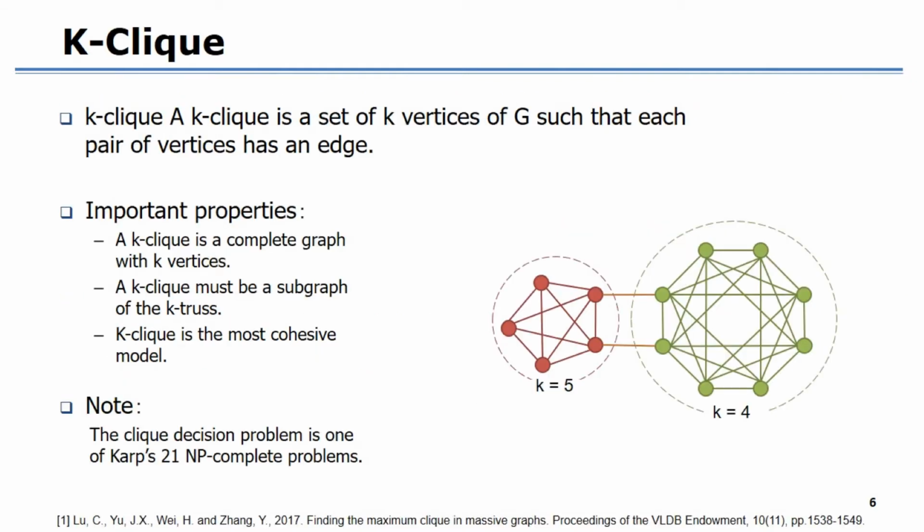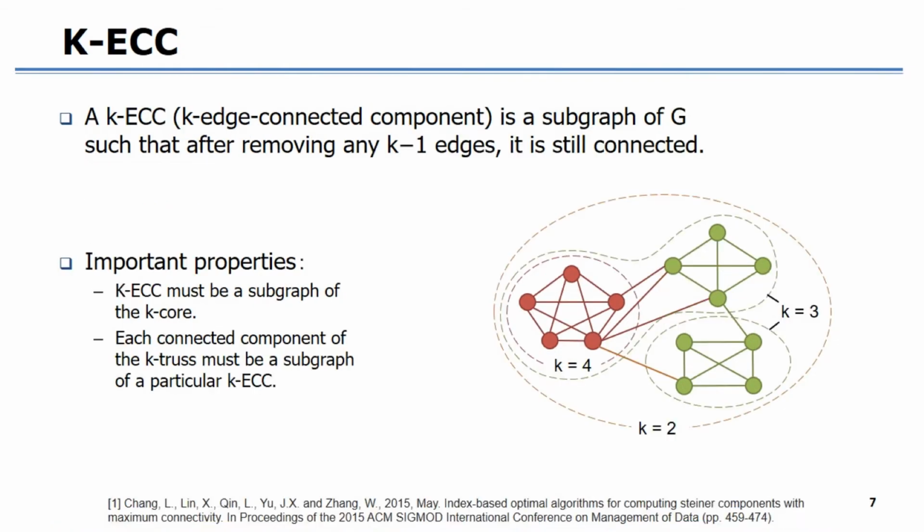K-clique is a set of K vertices of G such that each pair of vertices is connected by an edge. The K-clique is a complete graph with K vertices. It must be a subgraph of the K-truss, and it is also the most cohesive model among all the cohesive models on homogeneous networks.